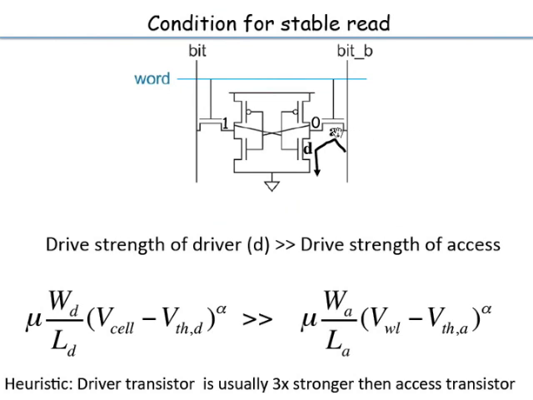But suppose every other cell in this column had a 0 here and a 1 here. It had the opposite data. Now wherever there is a 0, and remember the bit line is 1, just for a moment imagine this situation when the word line is off and this is 0. Bit bar is 1.